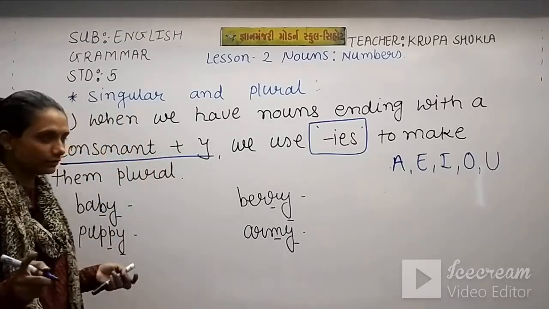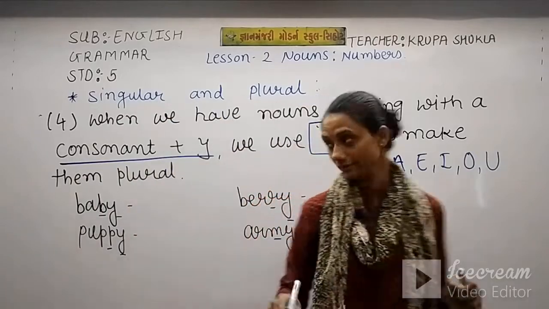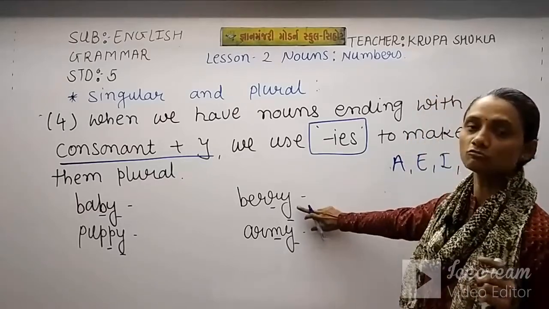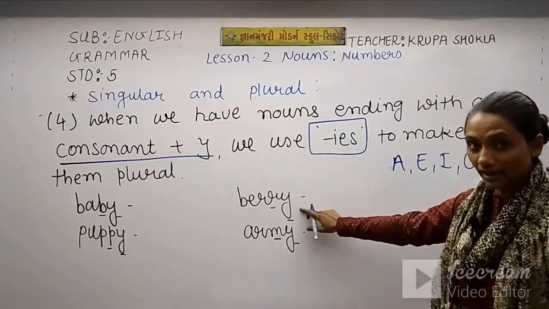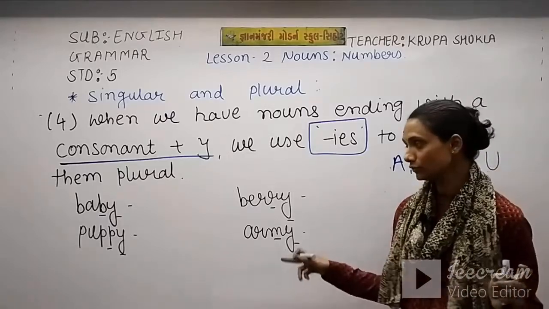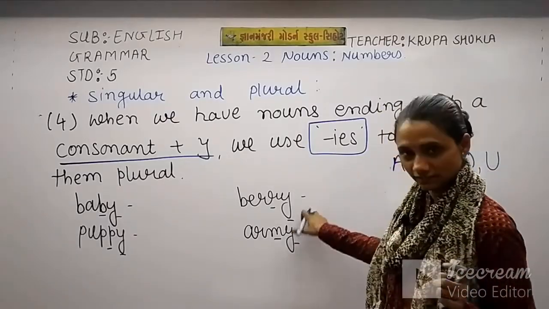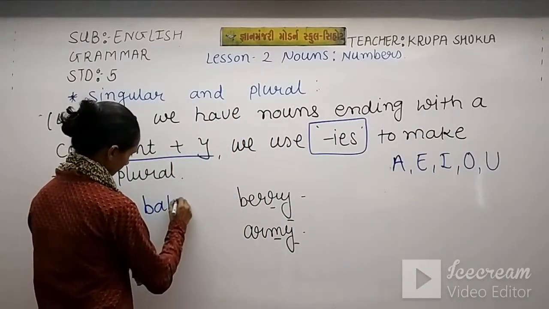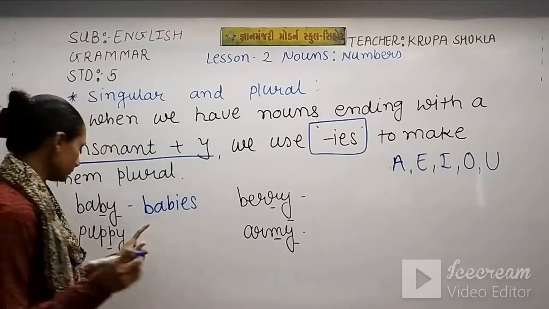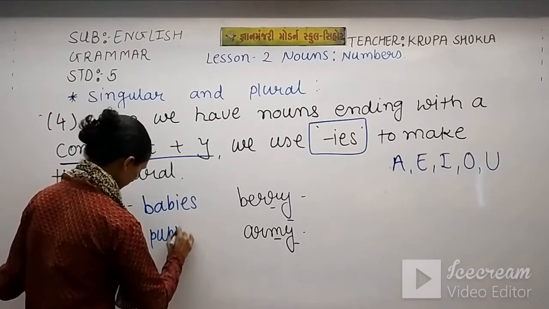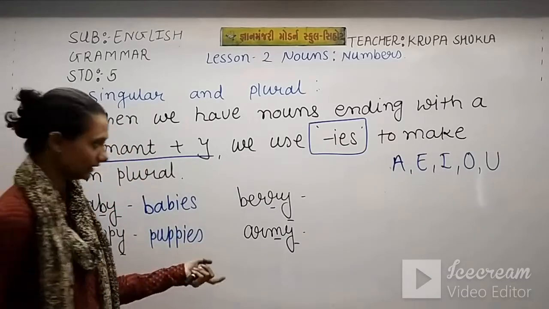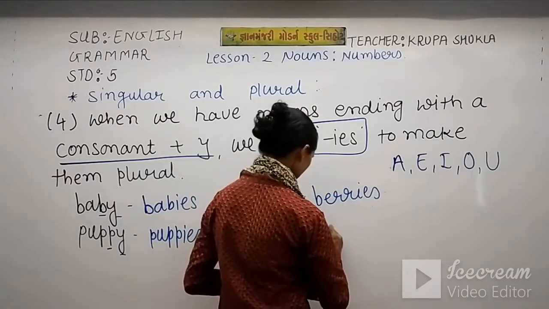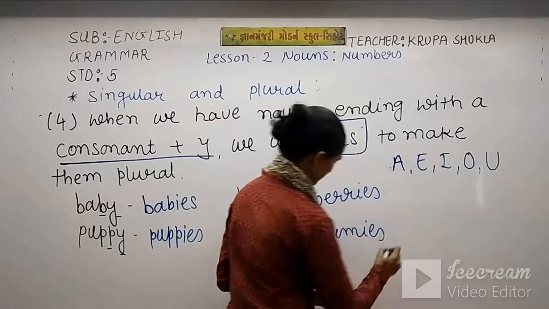Let's make it plural. Another rule you need to remember is that while you add ies, you need to remove y. In the third rule we remove f or fe; in the fourth rule you need to remove y if you use ies. So baby becomes babies when you make it plural. Puppy becomes puppies. Berry becomes berries, and army becomes armies.